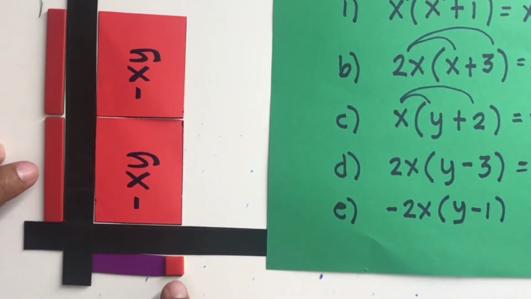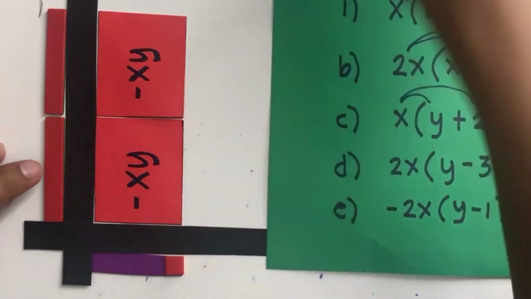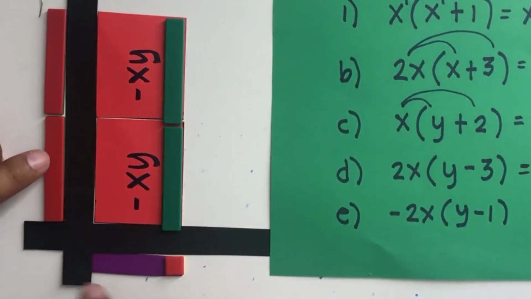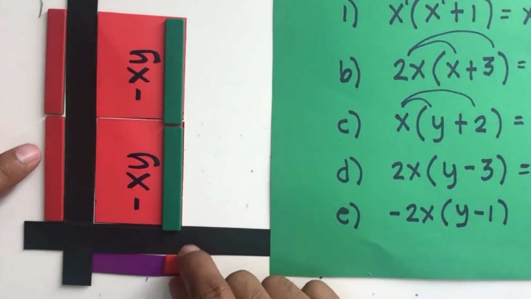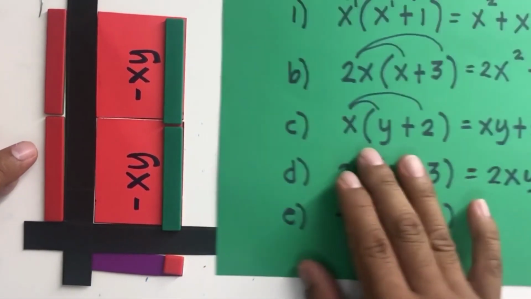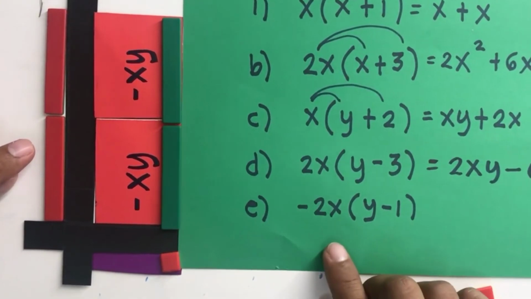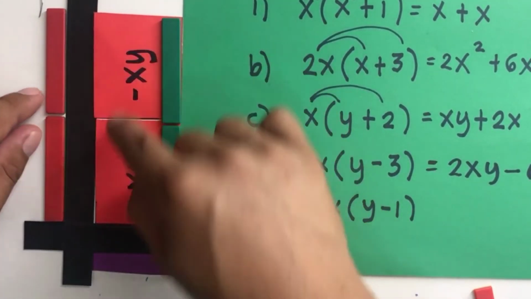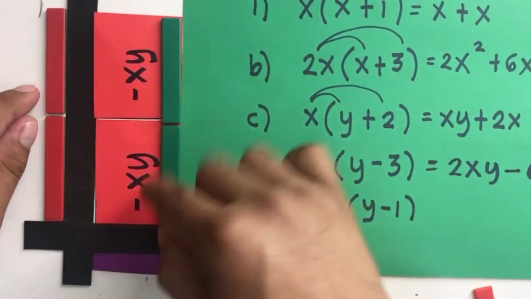Red times red, negative times negative is positive. So we'll cover it with this positive, because negative times negative is already positive. Now, the area represented by negative 2x times y minus 1 would be this red, visible red area inside.